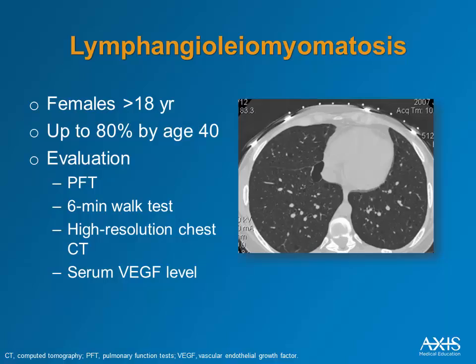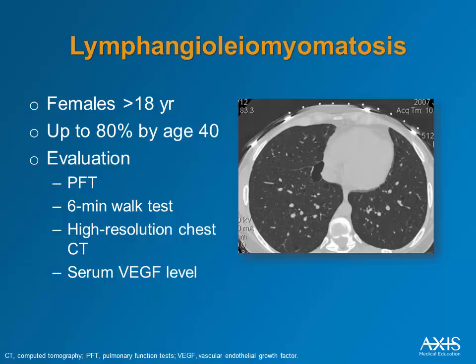In the lung, there is a complication called lymphangioleiomyomatosis, which typically occurs in females with tuberous sclerosis complex who are over 18 years of age. The frequency can be significant, as you can see, by age 40, and it can have very profound effects on pulmonary function, leading in some to even respiratory failure.